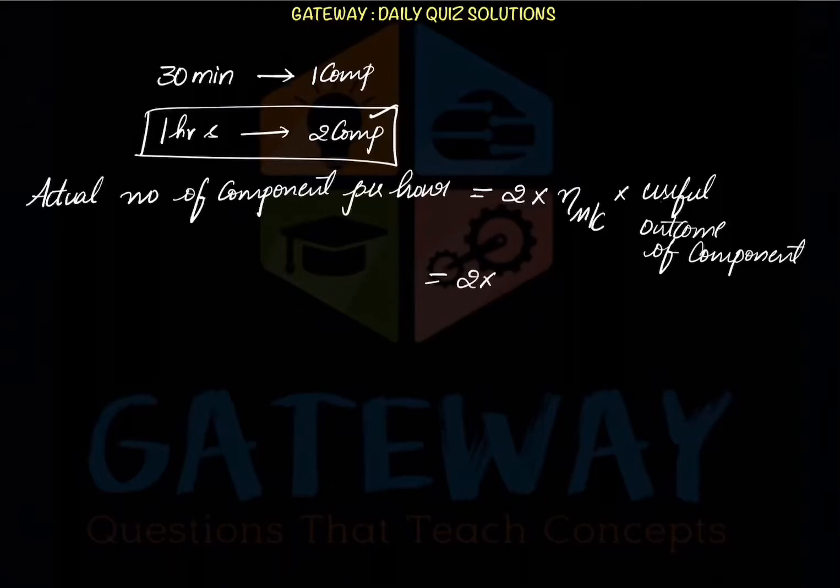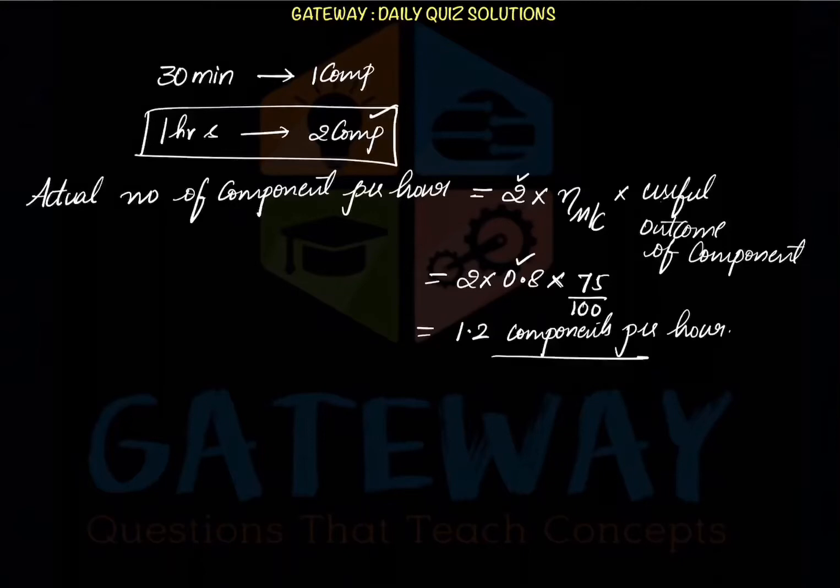So that comes out to be 2 into the machine efficiency, which was 0.8. So theoretically it can make 2, but due to its efficiency, it is having some losses. Its efficiency was given, so 2 into 0.8, nothing but 1.6 per hour. And also in that 1.6 there is a scrap of 25% going out, so only 75% will be used by us. Okay, and now this comes out to be 1.2 components per hour. So we can make only 1.2 components per hour actually.